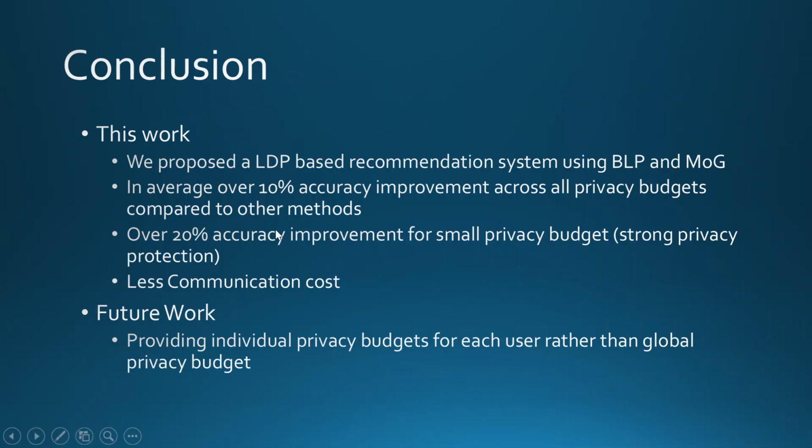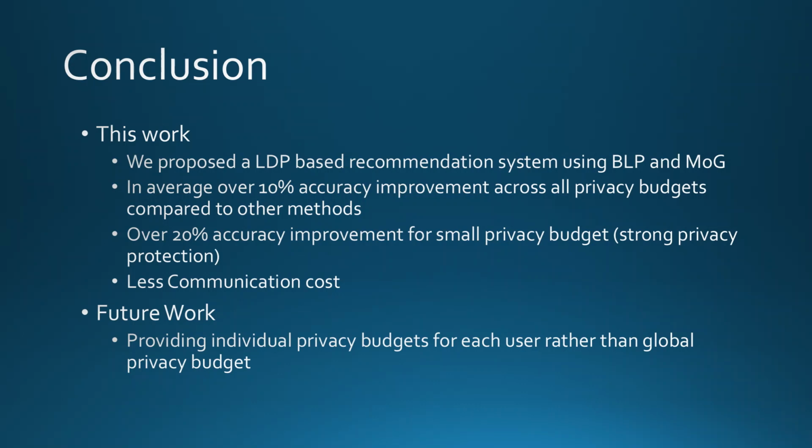As a conclusion, in our proposed system, we use the bounded Laplace mechanism and a mixture of Gaussians. On average, there was at least a 10% accuracy improvement across all privacy budgets compared to other methods. And especially for smaller privacy budgets, we also saw at least a 20% accuracy improvement compared to other methods.